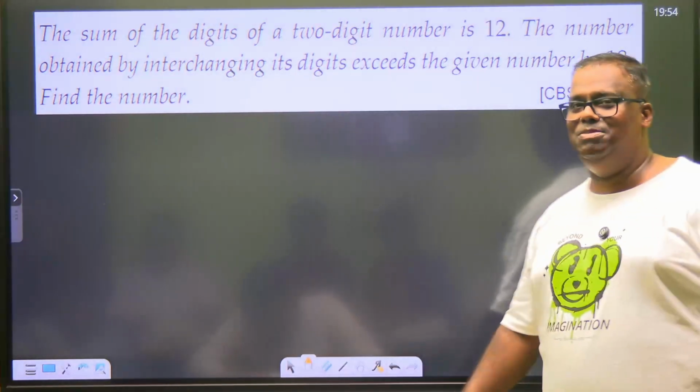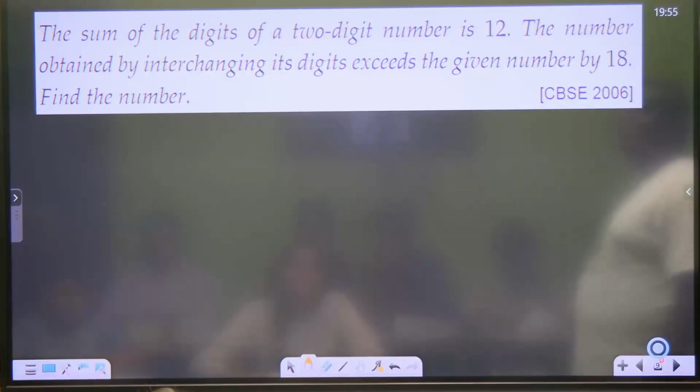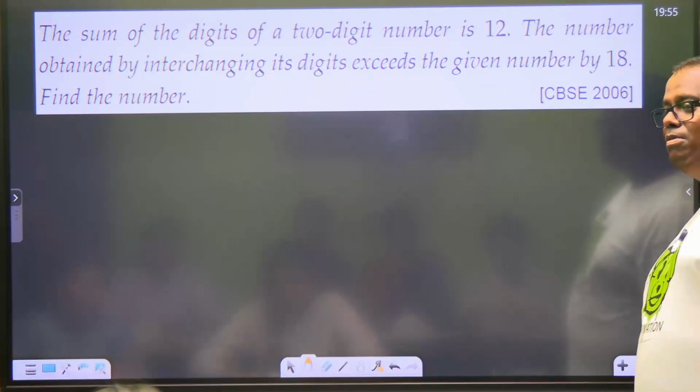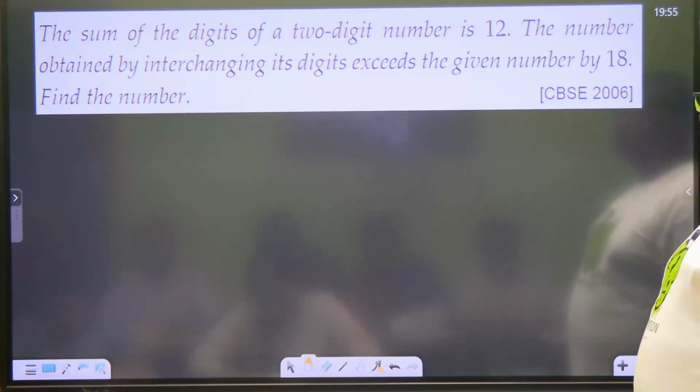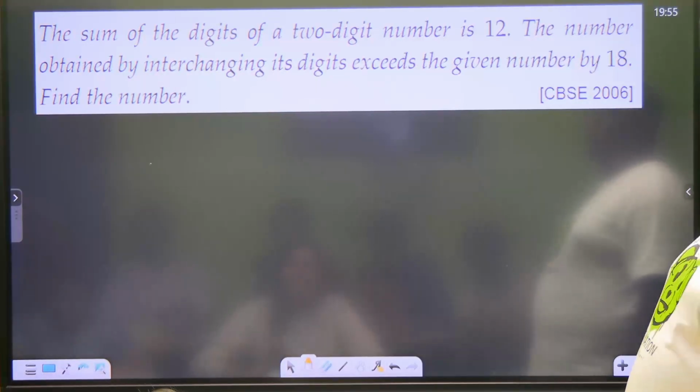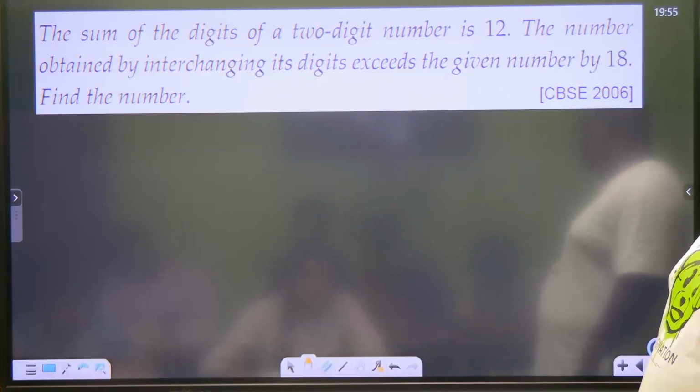Digits. Let's do some digits. The sum of the digits of a 2-digit number is 12. So let the digits be x and y. The number becomes 10x plus y.